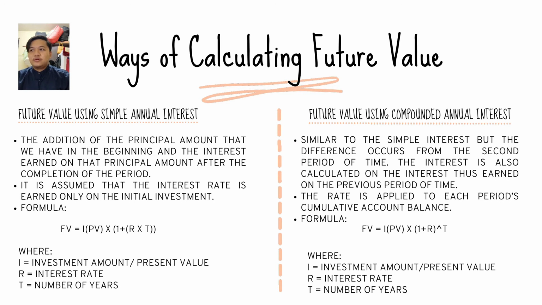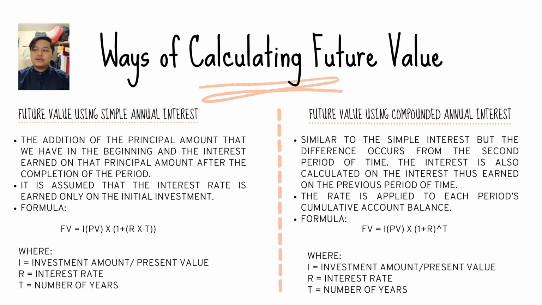As I said before, there are two ways of calculating future value. The first one is future value using simple annual interest. It is the addition of the principal amount that we have in the beginning and the interest earned on the principal amount after the completion of the period.